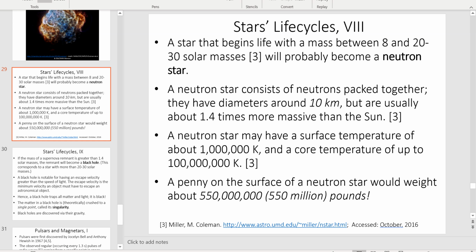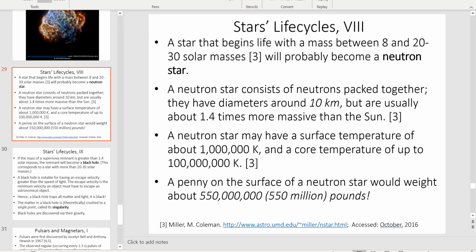A neutron, just to make sure that we're on the same page here, is a component of a nucleus. Nuclei consist of protons and neutrons, and then an atom consists of a nucleus surrounded by electrons. A neutron is neutral, hence the name neutron. Neutrons are actually formed from quarks. Quarks are what we think are fundamental subatomic particles that make up neutrons and protons.